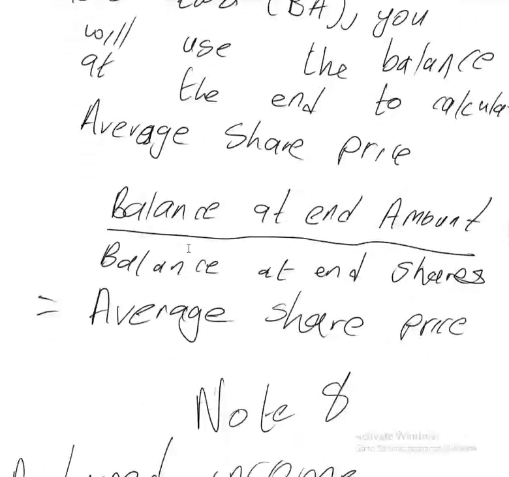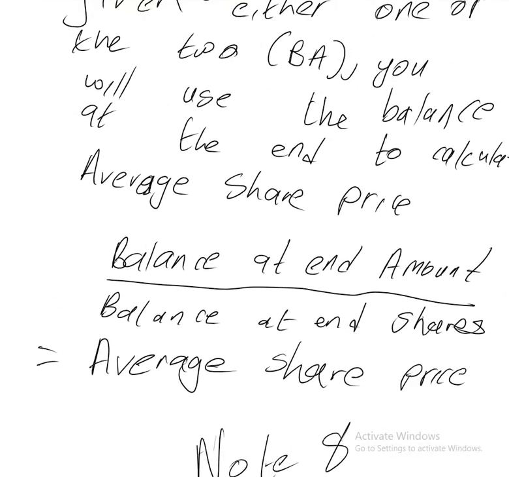Remember that balance at the end that I said we're not really focusing on, because it's the resultant of the three, right? We will now be focusing on it if you are not given either one of the B or the A in the BAR method, right?